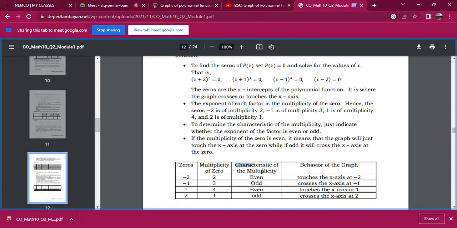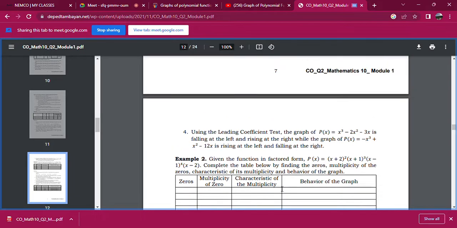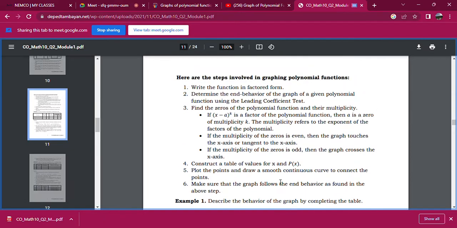So, imo daw dyan i-identify ang characteristics of the multiplicity. So, 2 is even, 3 is odd, 4 is even, and 1 is odd. After that, imo daw dyan i-identify ang behavior sa graph. Balik ta dere. Sa tuwing giingon, kung ang imong multiplicity sa zeros is even, then the graph touches the x-axis.